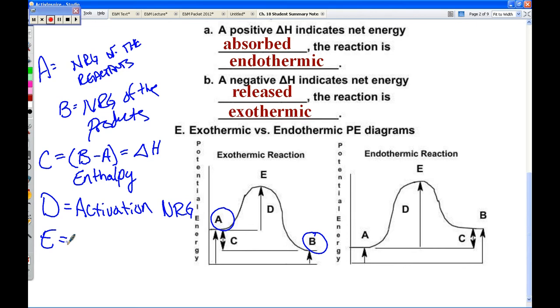That top point indicates E as the activated complex. It is how all the reactants and products are, for just that moment, combined before it releases the energy and gets to the product.